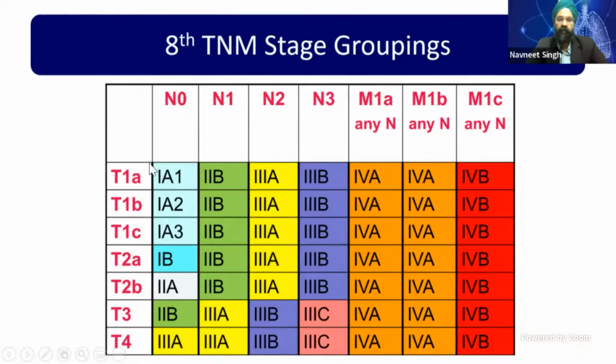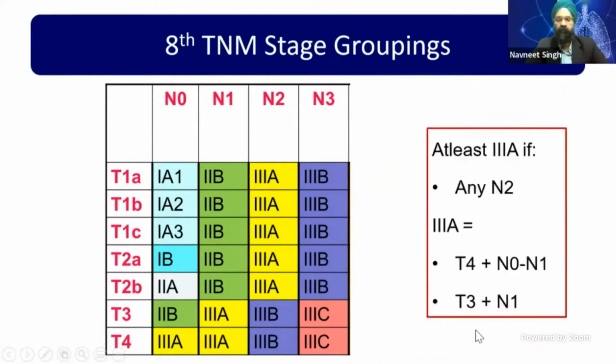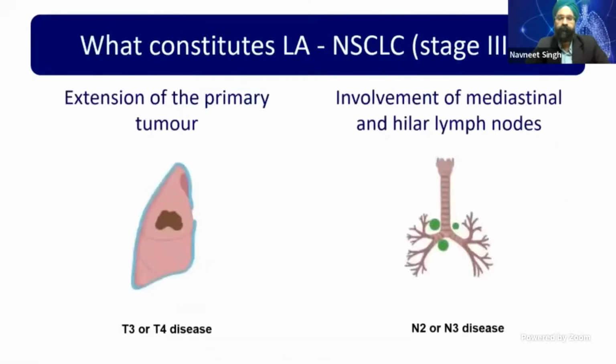And as you can see, 1A1 is the earliest stage and 4B is the most advanced stage. Specifically for this talk, it is stage 3A if there is any N2 disease, but also if you have any T4 disease with an N0 and N1, or any T3 with an N1. And obviously there has to be M0 for stage 3A.